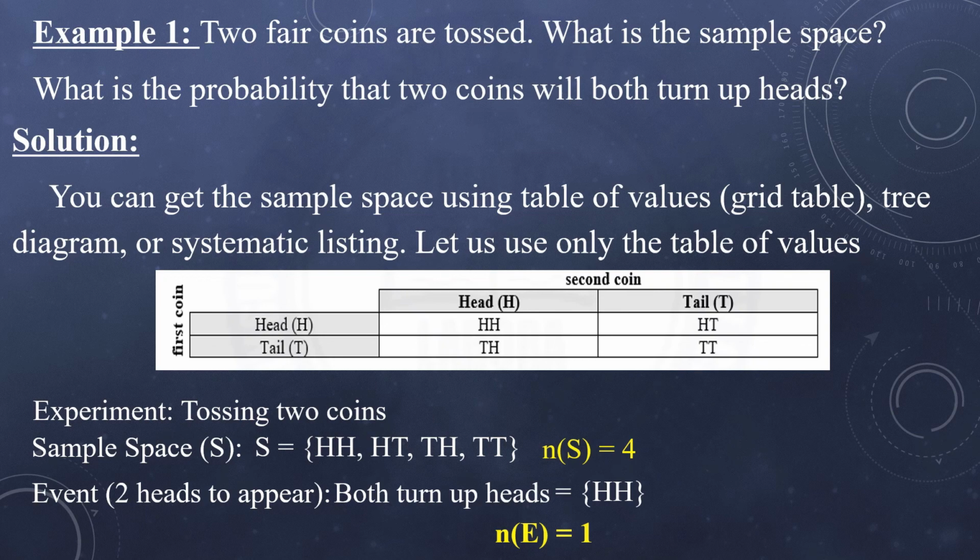Using the concept of probability, which is P of E is equal to N of E over N of S. Substitute the values that we have earlier and it will become 1/4. So we conclude that the probability that two coins will both turn up heads is 1/4 or 0.25 or 25%.